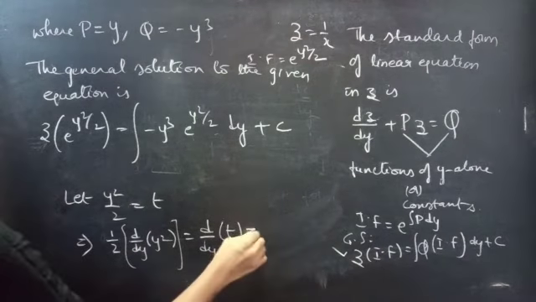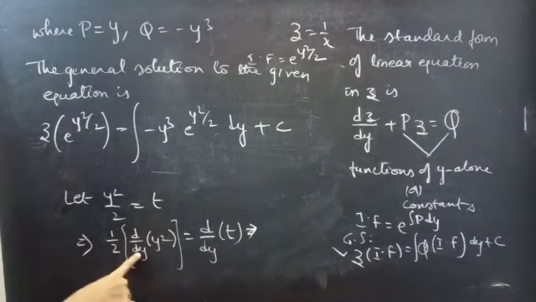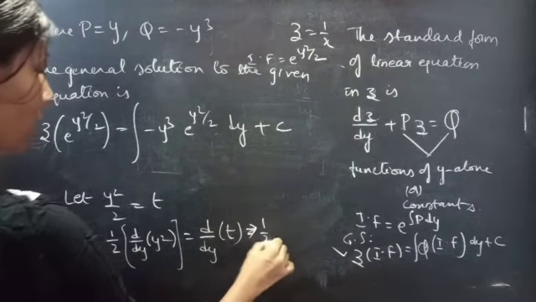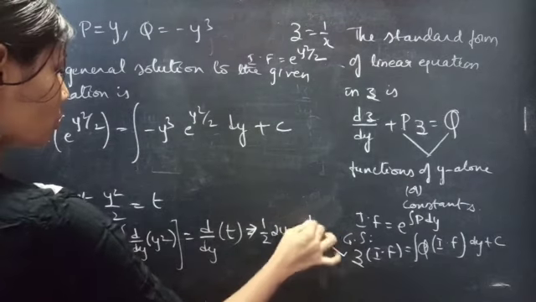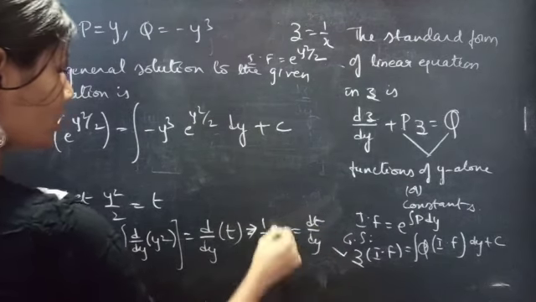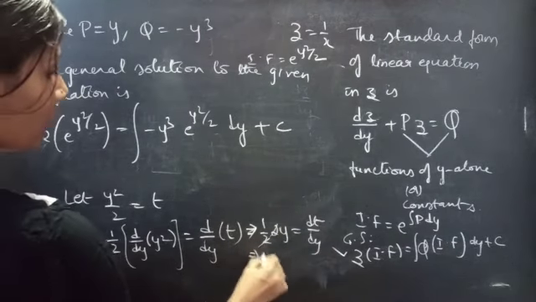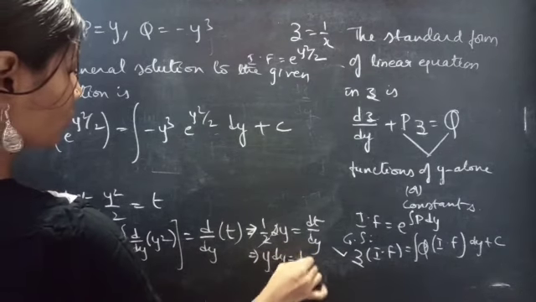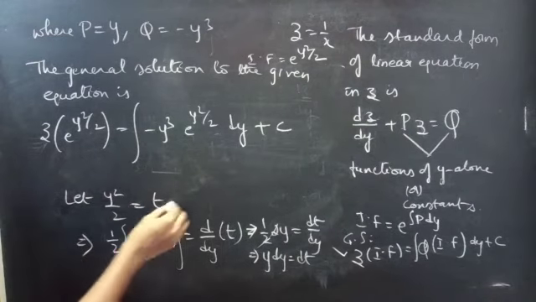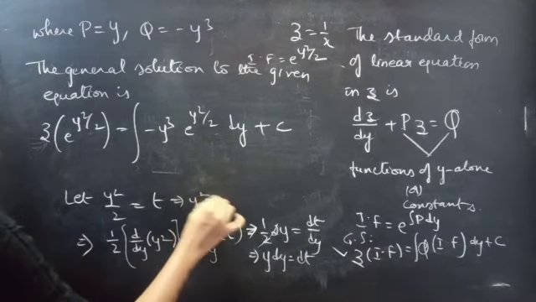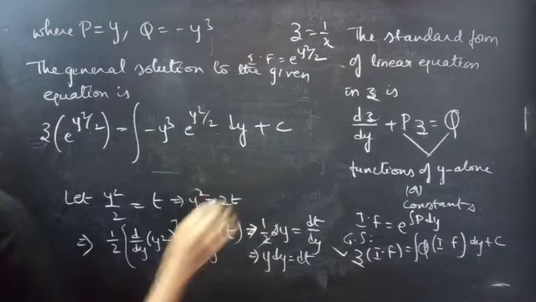Then we'll get derivative of y square with respect to y is 2y, right? Then we'll get 1 by 2 into 2y equals to dt by dy. Here 2 gets cancelled. Then y dy equals to dt. Also from y square by 2 equals to t, you will get y square equals to 2t.